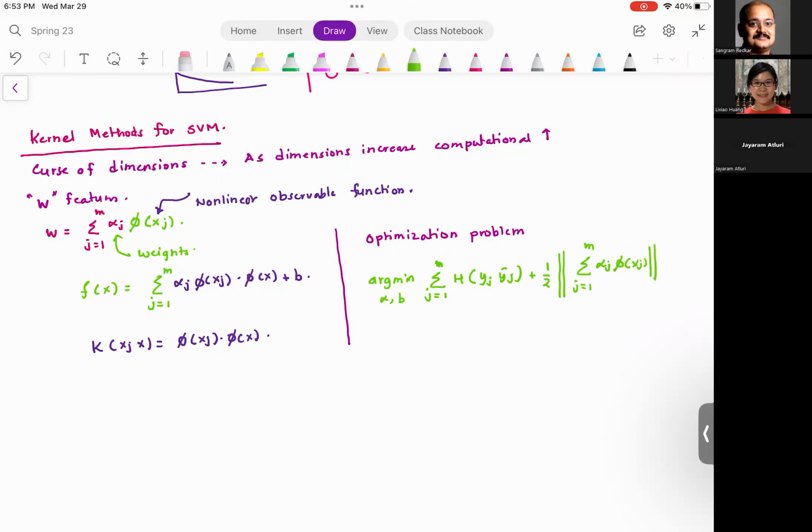It may not sound like it, but please trust me when I say this: solving this problem numerically is easier and can be done in real time compared to the previous nonlinear SVM problem. This is subject to the minimum over j of x j dot w equal to 1.